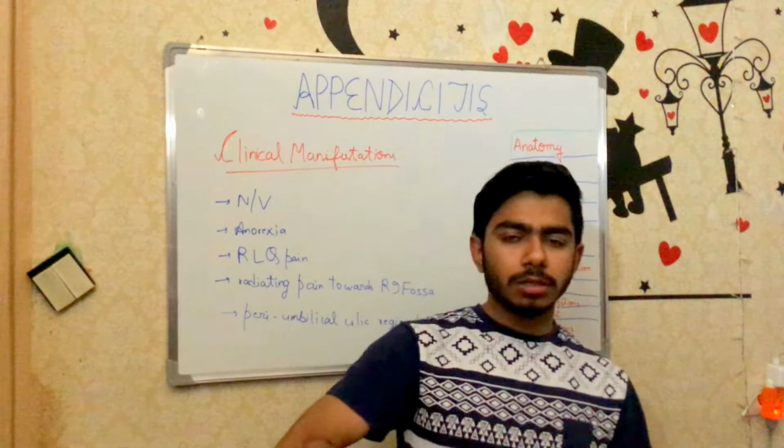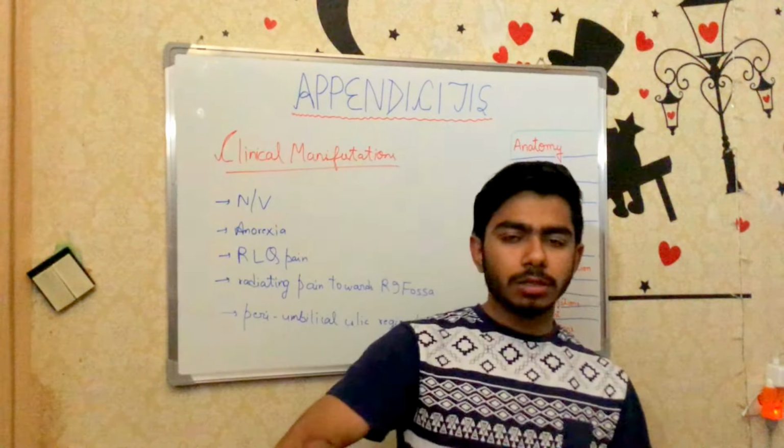So there will be right lower quadrant pain and pain near the periumbilical colic region. So these are the signs and symptoms, you can say, of the patients who are particular for appendicitis.